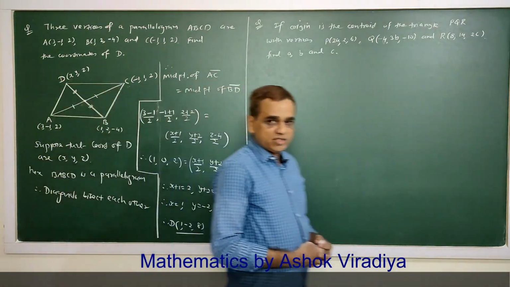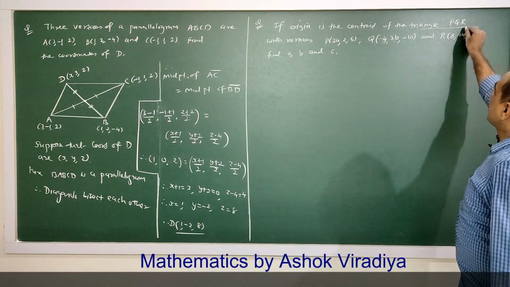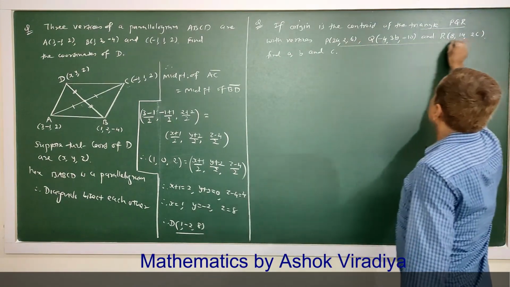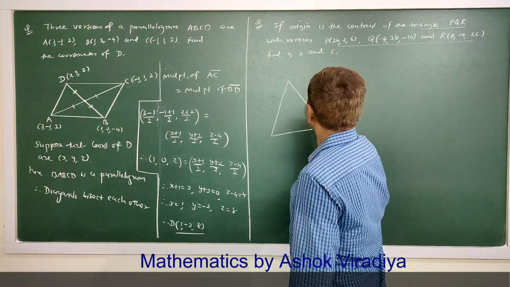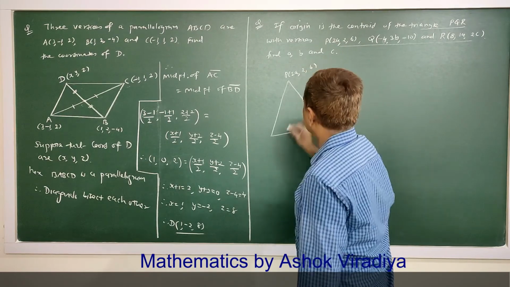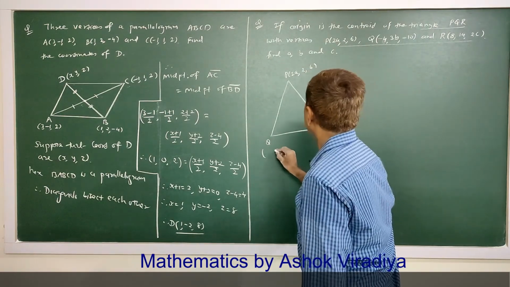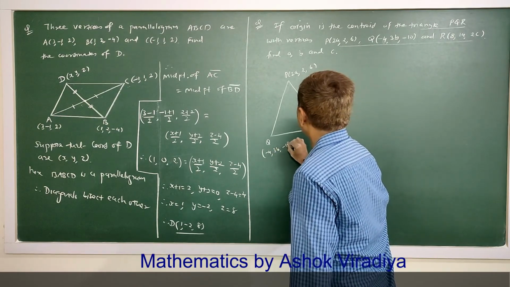Now in this question, triangle PQR whose vertices are given. See here, P is 2a, 2, 6. Q is minus 4, 3b, minus 10.